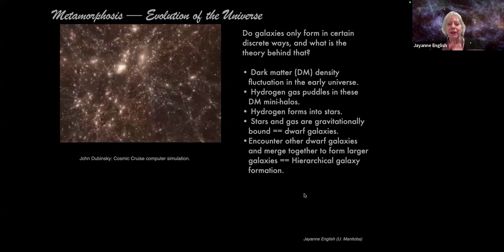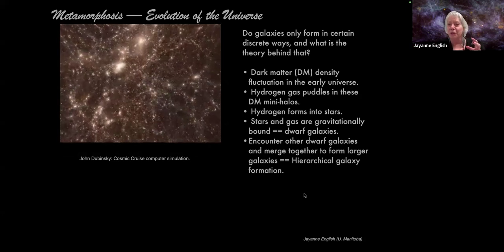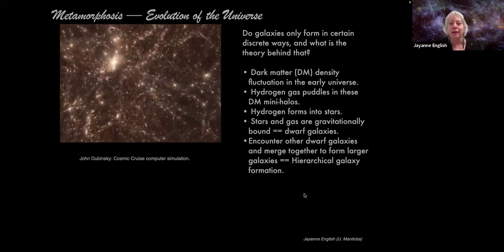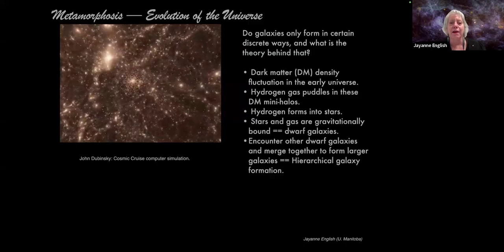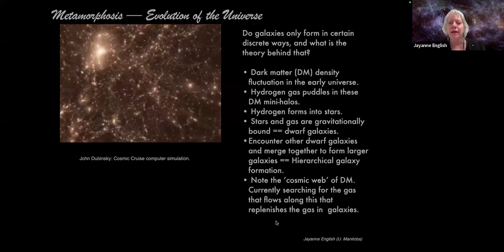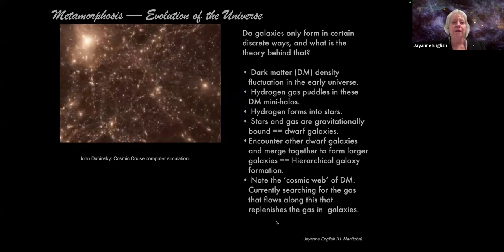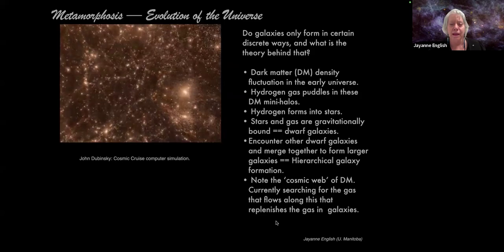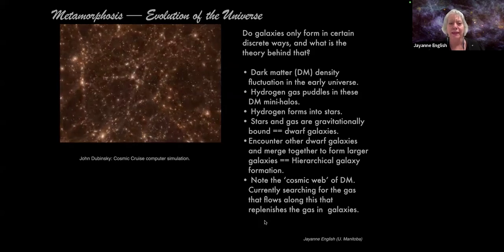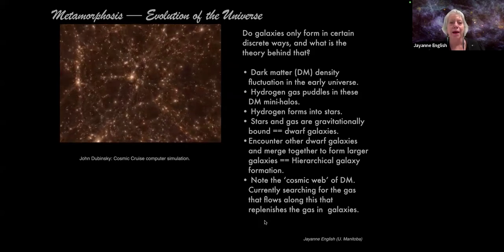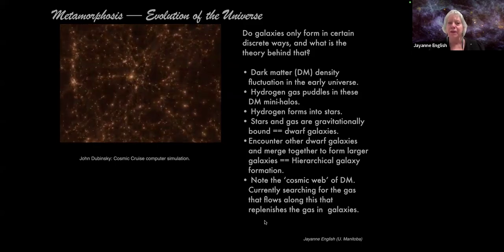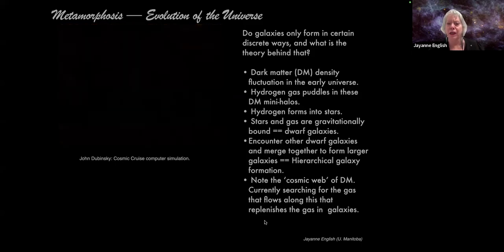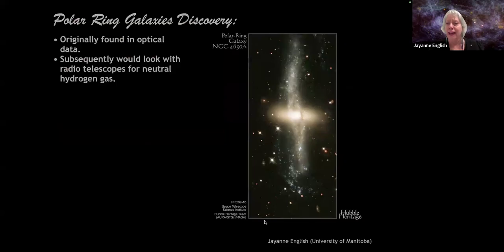Instead, there's kind of a large scale structure is what we call it in astronomy, and what we call it to the public is a cosmic web. So currently, one of our quests is to discover hydrogen gas flowing along the filaments in this cosmic web, because galaxies, even though they form stars and the stars die, there's still gas in the galaxy. And so we know that the gas in galaxies has to be replenished.